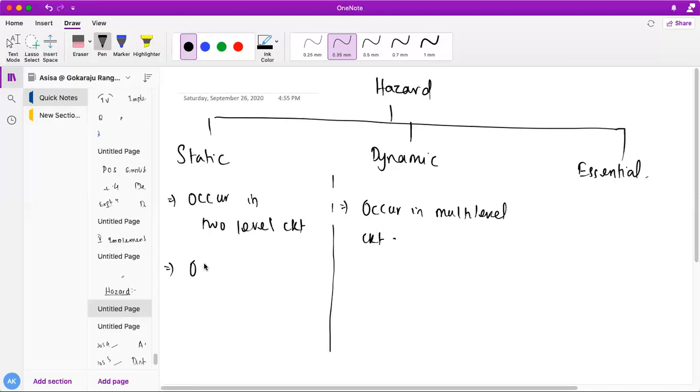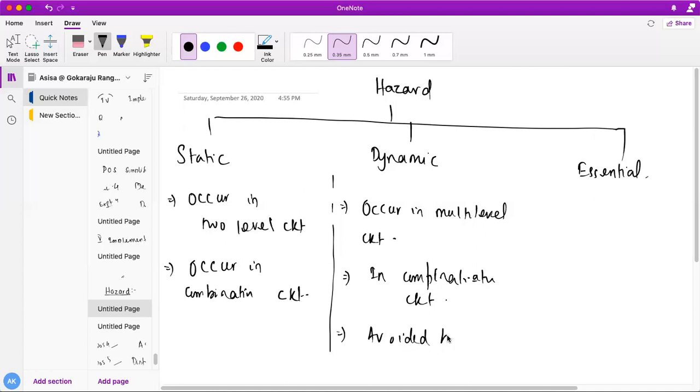Next, static hazard mainly occurs in combinational circuits. Why? Because static hazard is nothing else but because of the logic circuits. Because of the logic circuits' propagation delay we are getting some static hazards. And dynamic hazard also comes in combinational logic circuits, which can be avoided by adding certain redundant terms.